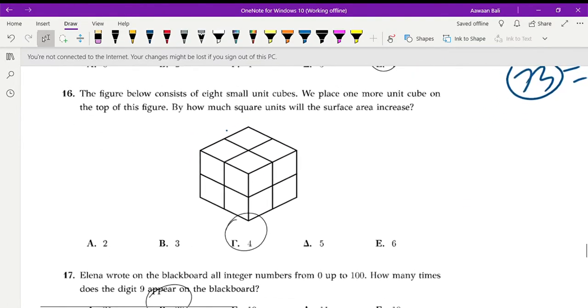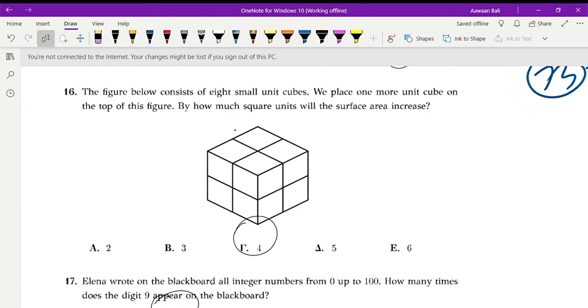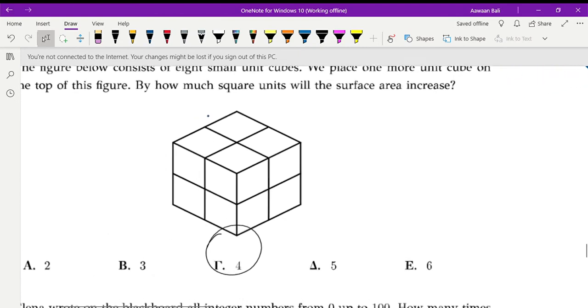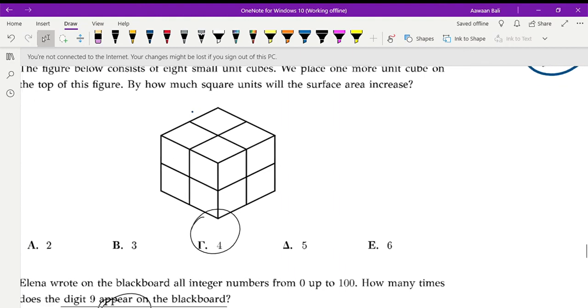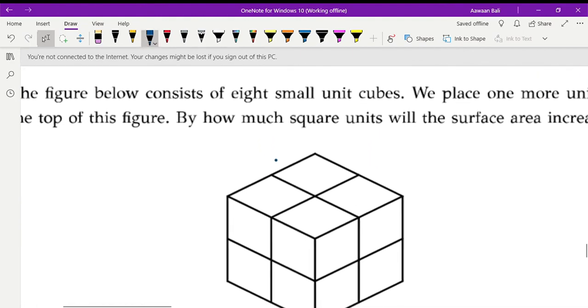Now 16. The figure below consists of 8 small unit cubes. Now, we place one more unit cube on the top of this figure. By how many square units will the surface area increase? The surface area of any 3D shape is basically the area of all of the sides combined.